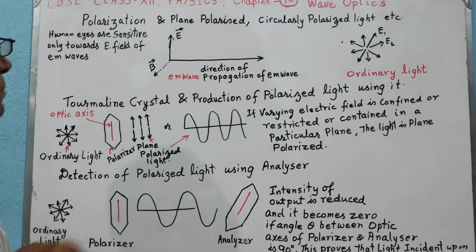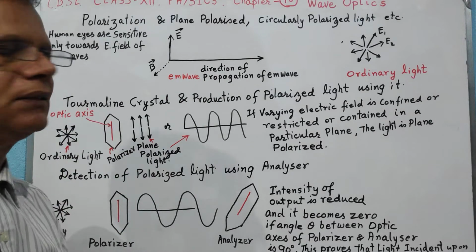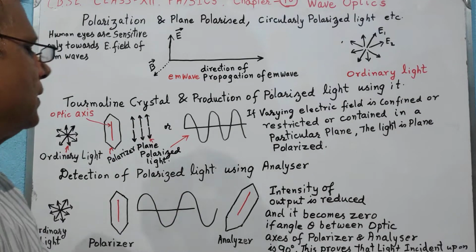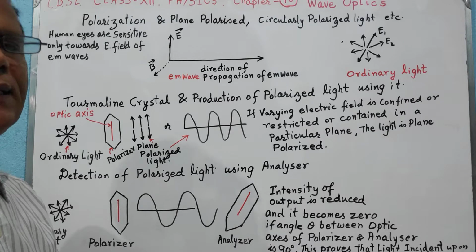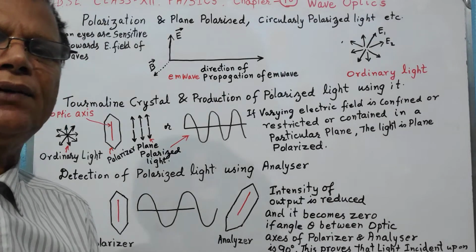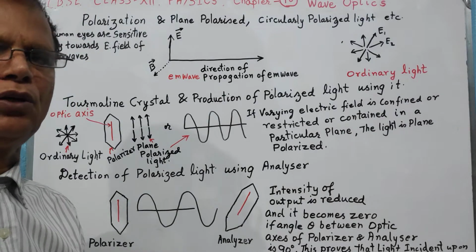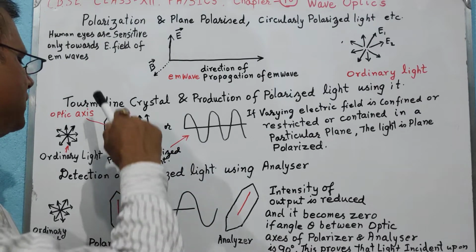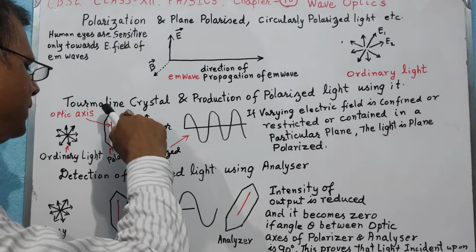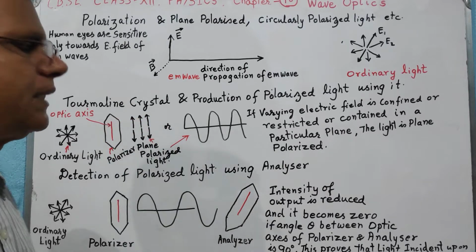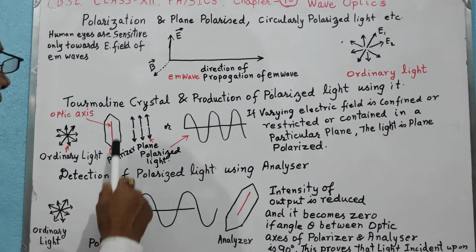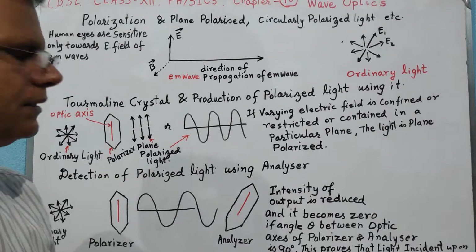Now we will talk about a tourmaline crystal or any other similar crystal which has a special characteristic: it allows the vibration of the electric field in one particular direction only. That is, those vibrations which are parallel to a particular direction known as the optic axis of the tourmaline crystal, shown by the red line.